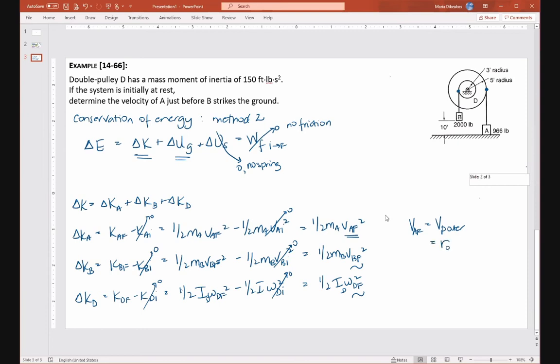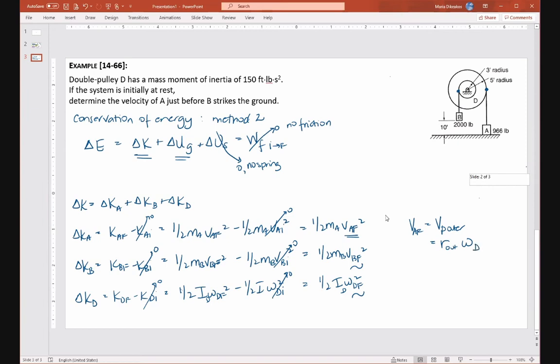Okay, so let's just call it R outer for now. And omega what? Outer. Well, is there an omega outer really? Well, the whole system would have the same omega. Okay, and which omega is that?